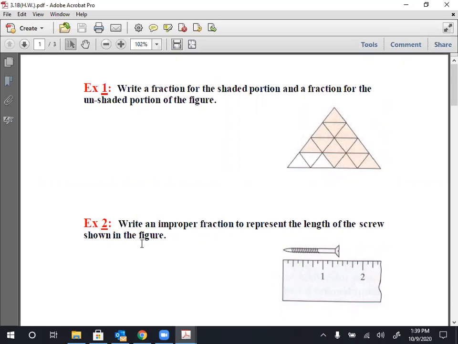Write an improper fraction to represent the length of the screw. Okay, basically, if I told you, you have a ruler under the nail there, don't you? Or the screw. You have a ruler under it, right? Now, the only tricky part to this is how many little marks are there between 1 and 2?